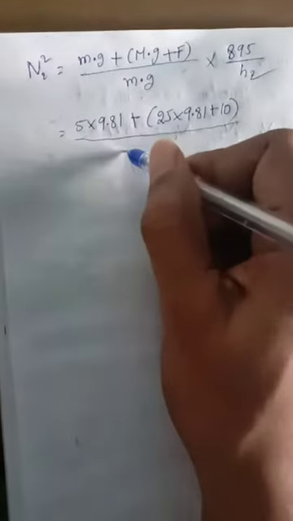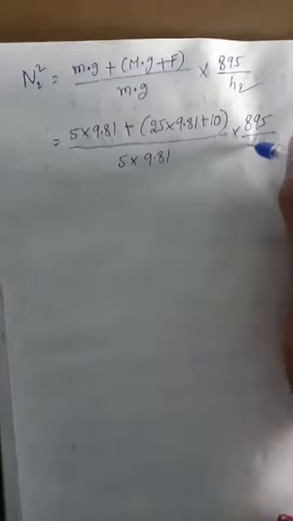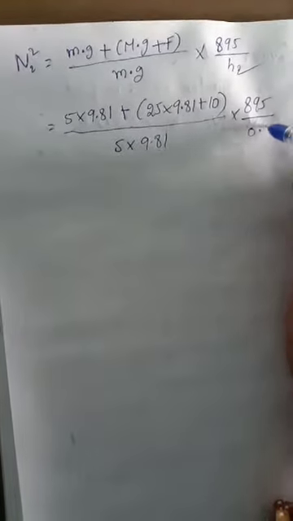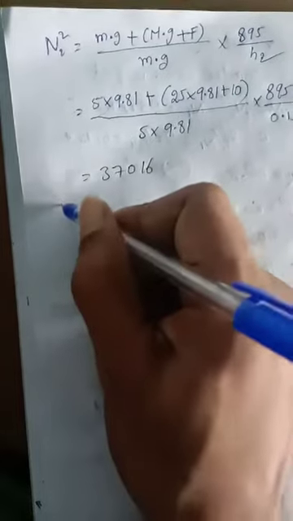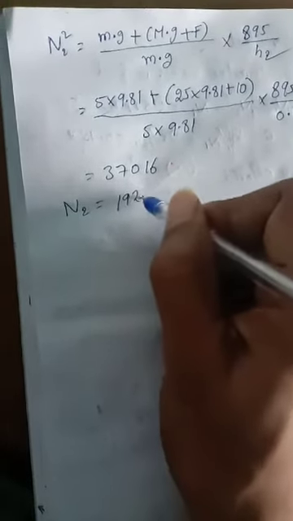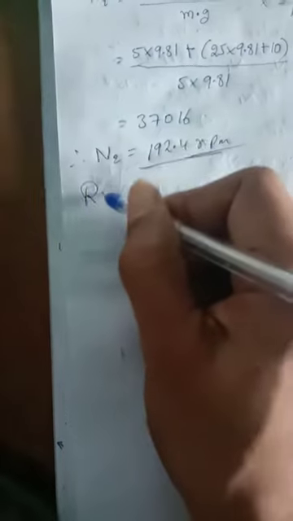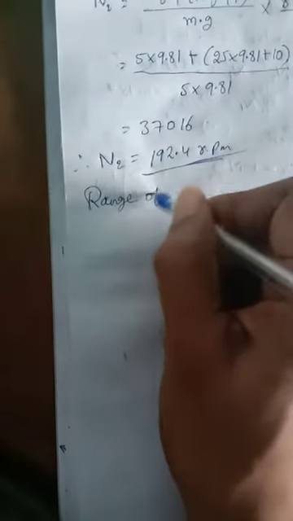The only value that changes here is h2, the remaining values are the same. Now h2 is equal to 0.15. So we calculate this, and N2 is equal to 192.4 RPM.